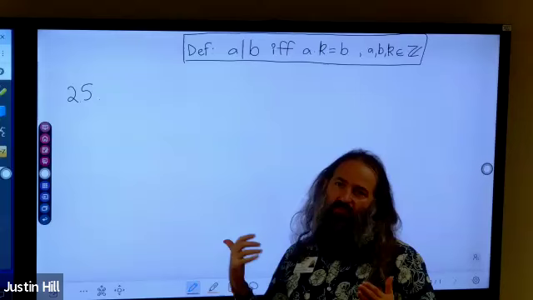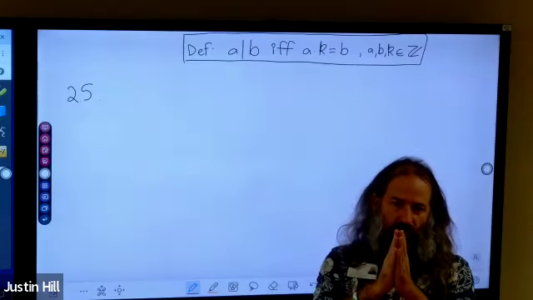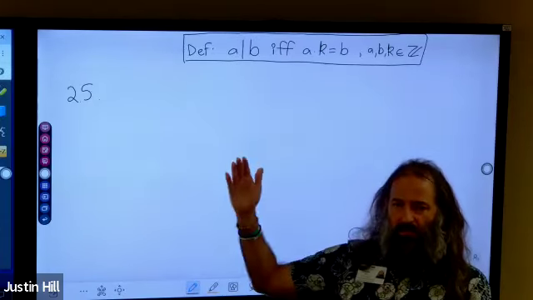Then the claim is that if you multiply those two factors together, that automatically divides C.